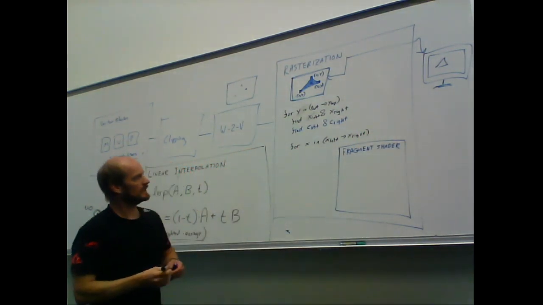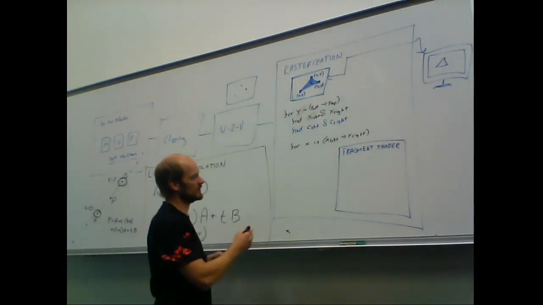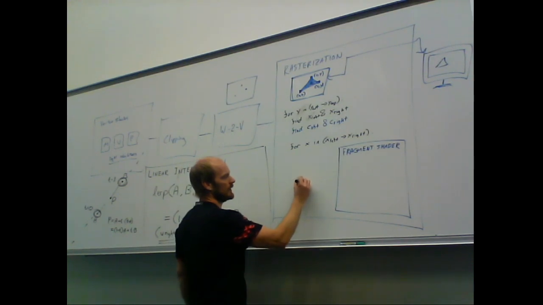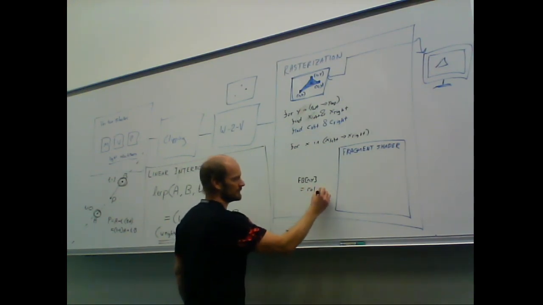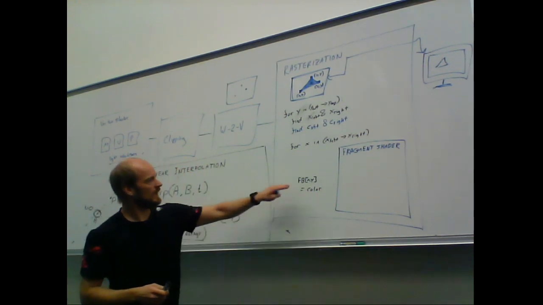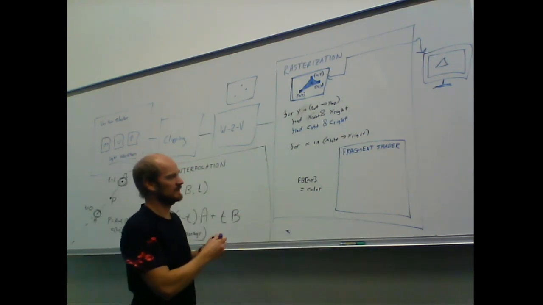We do some stuff, and within that we basically said the frame buffer number xy equals some color here. And this color we calculated last time around.